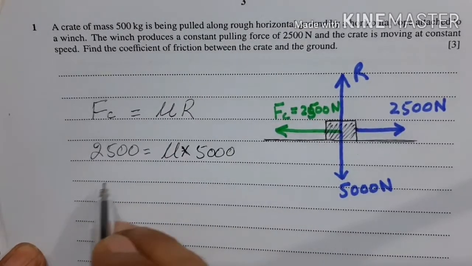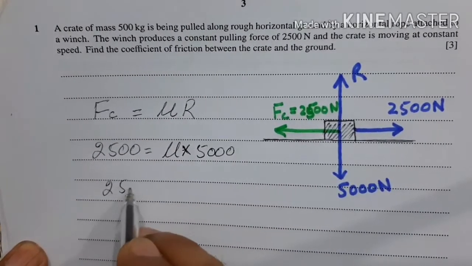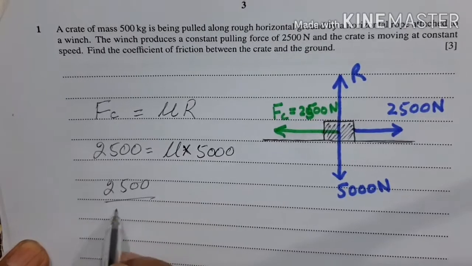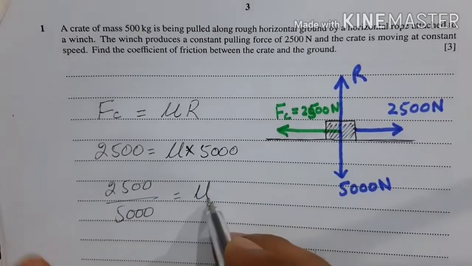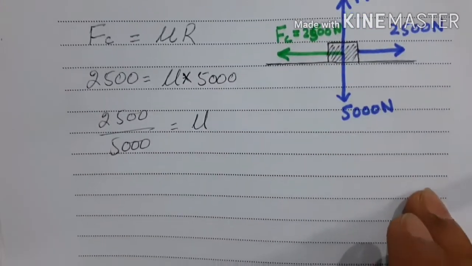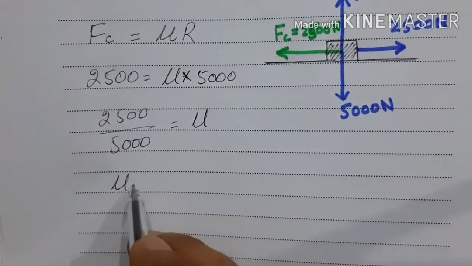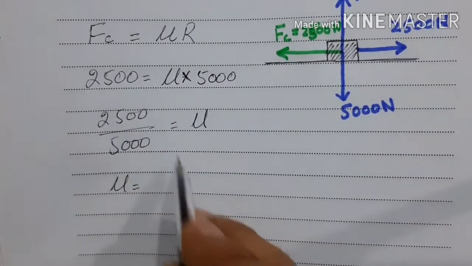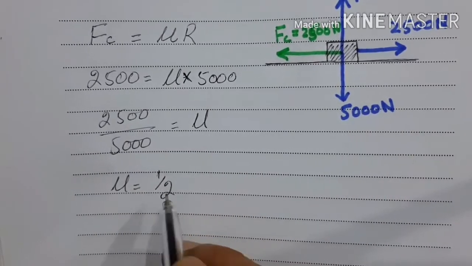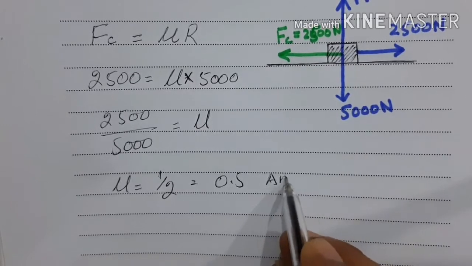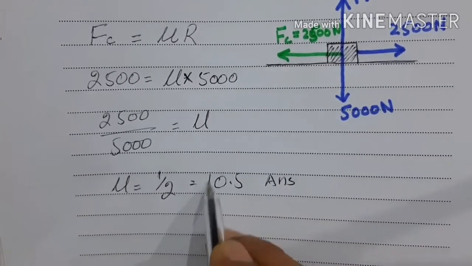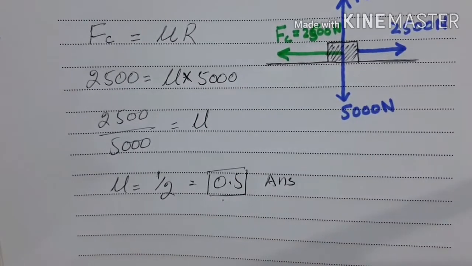So take 5000 on the other side, 2500 over 5000 is equal to mu, or mu is equal to 1 by 2, which is 0.5. This is the answer of question number 1.